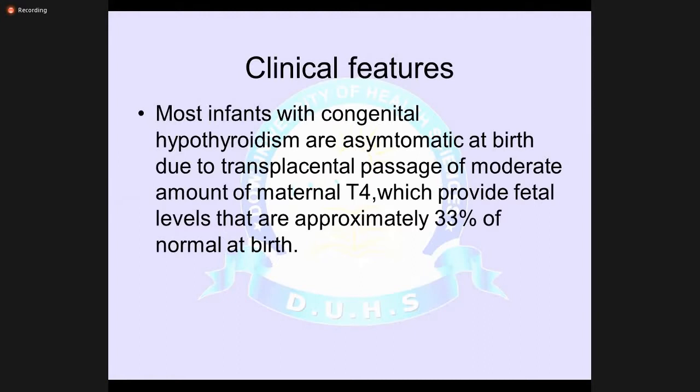So in the first few days of life, even if the child has congenital hypothyroidism, that child may not be picked up because some of the T4 from the maternal side has transferred through the placenta to the baby, and that fulfills the requirement of the child in the first few days of life. But when that supply line is broken after a few days, the hypothyroidism will start showing its manifestations.